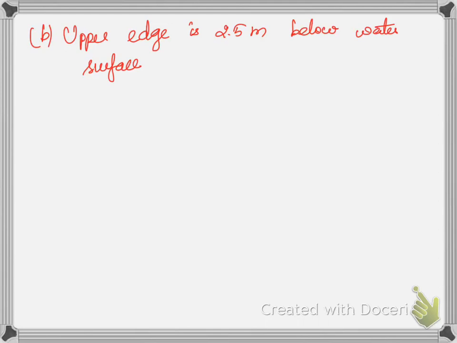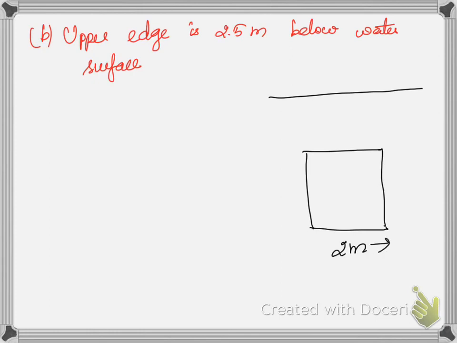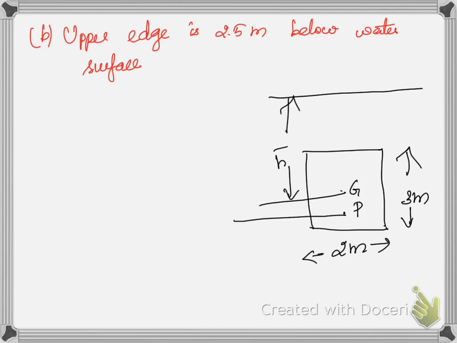Again we are going to draw a diagram: a rectangular surface of 2 meter wide and 3 meter deep. The same thing, and here this is G and this is P, this is my H bar and this is my H star.